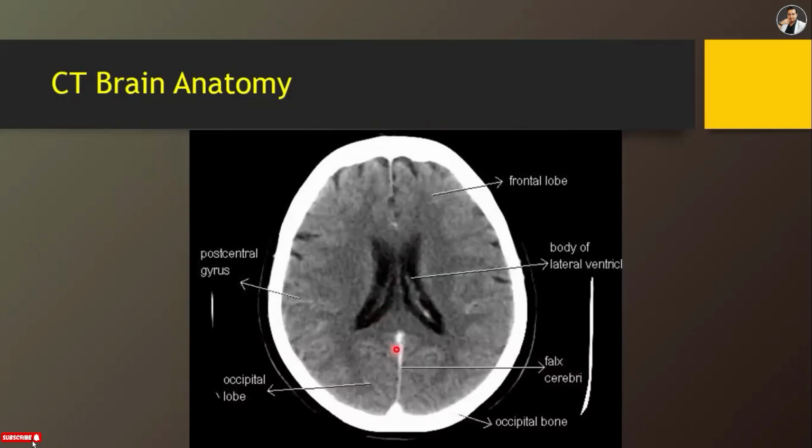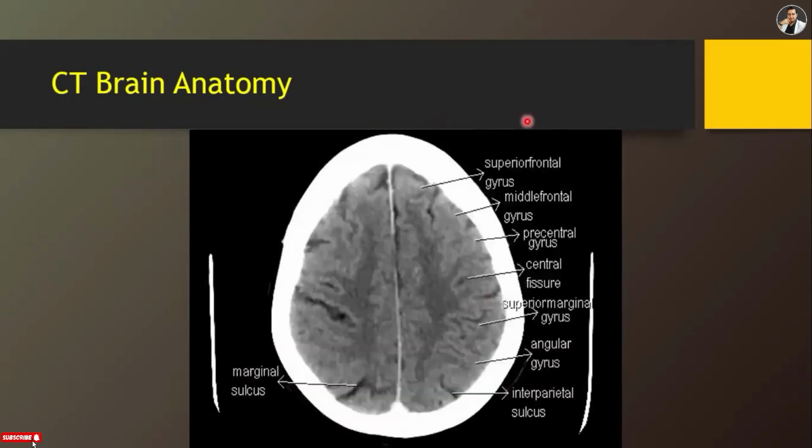Then we have falx cerebri. Then we have the postcentral gyrus and the occipital lobe. This is the occipital bone.